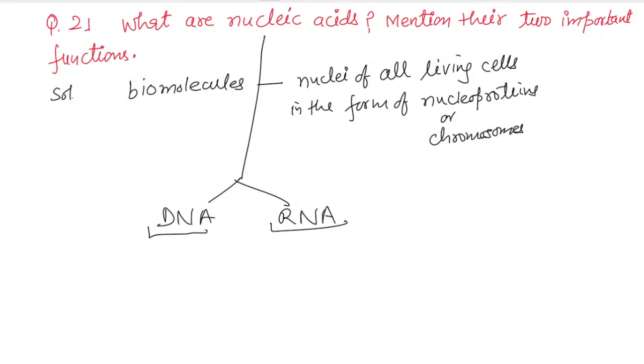DNA is responsible for the hereditary effect, from one generation to another. This is due to the property of replication, because DNA is double stranded. During cell division, two identical DNA strands are transferred to daughter cells.